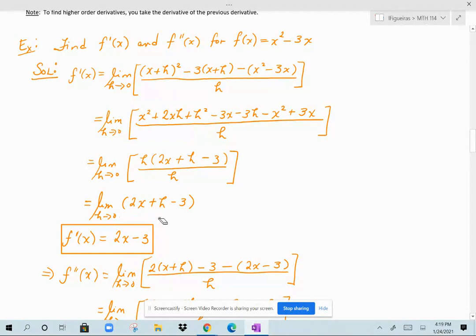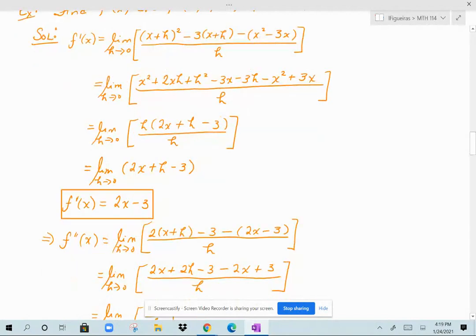Now to find the second derivative, my function is now 2x minus 3, which is linear. If you remember what I said at the beginning of the lesson, the derivative of a linear function is always going to be the slope. So my answer should be 2. But let's show the work for it. I applied the definition of the derivative here. The limit as h approaches 0 of 2 times (x plus h) minus 3 minus (2x minus 3) in parentheses.